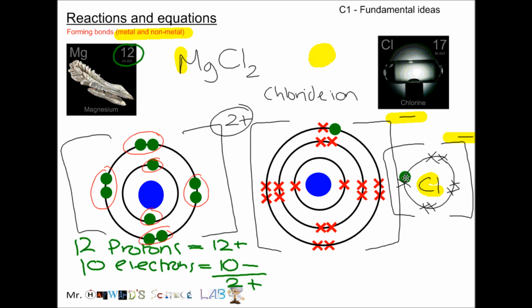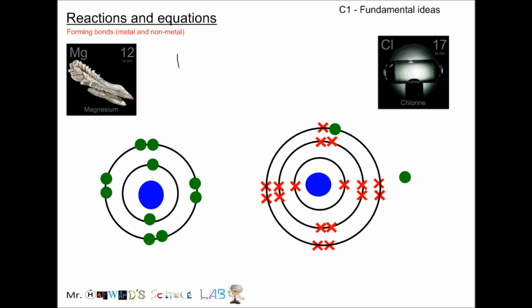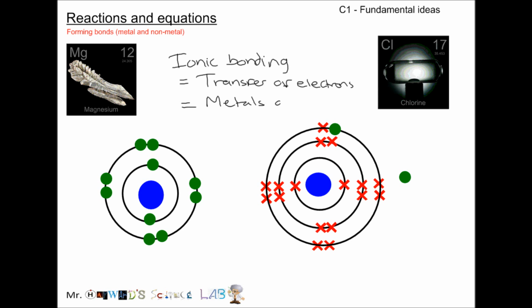Okay, so that's ionic bonding, and that happens between metals and non-metals. The key thing you need to know is that ionic bonding is the transfer of electrons. Okay, it happens between metals and non-metals.